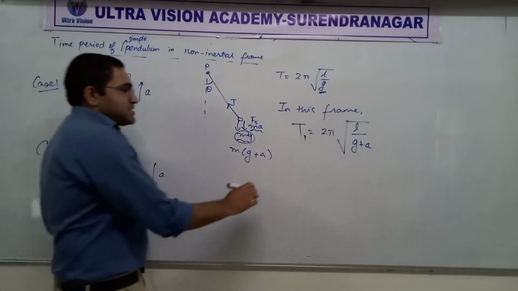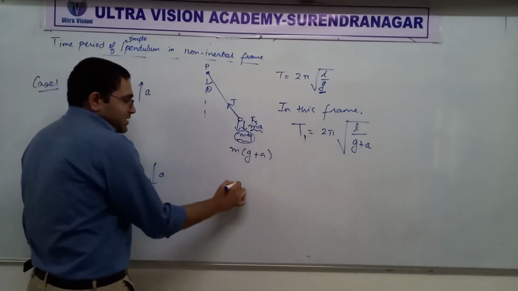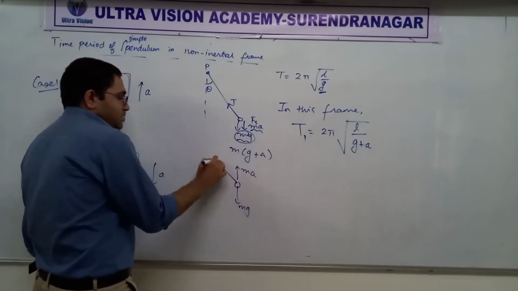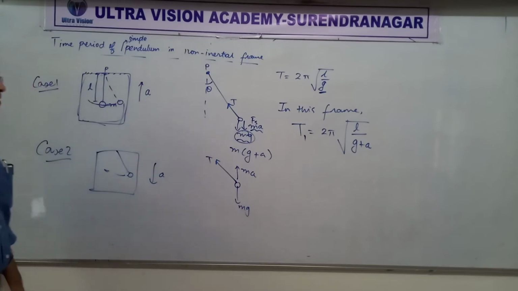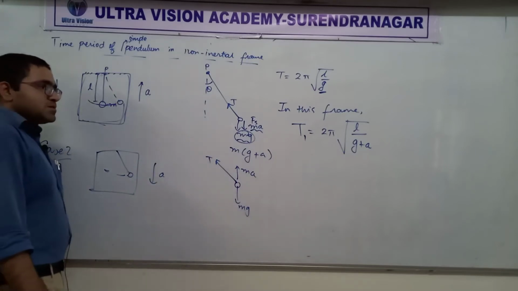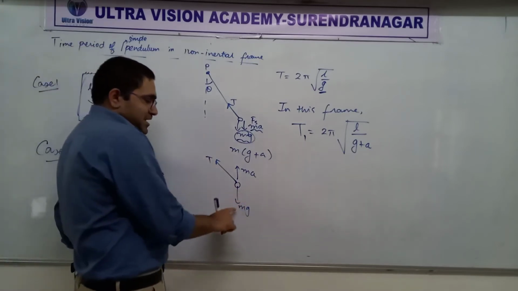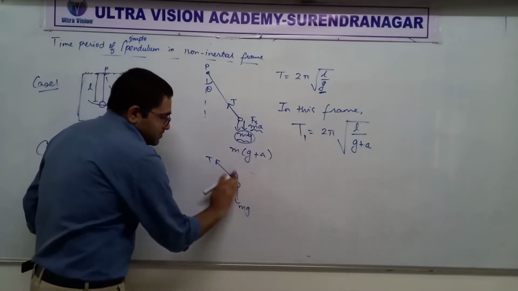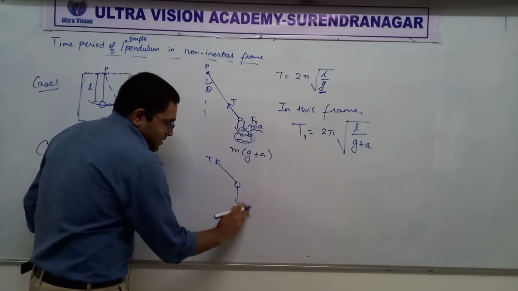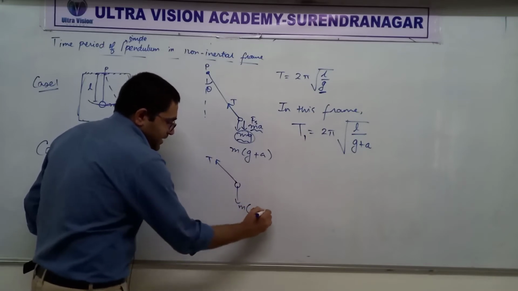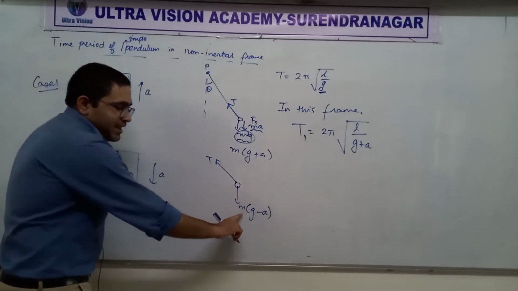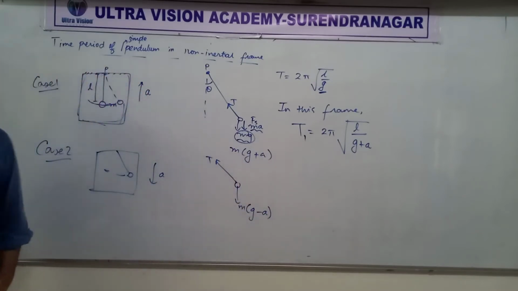So do you realize that the only change will be in the FBD, correct or not? The FBD would be like this now. So in this case, mg and ma, if you combine it, because ma is in the opposite direction, instead of writing like this, you can write it in this manner. Instead of writing ma upwards, you can write m into (g minus a). Clear?